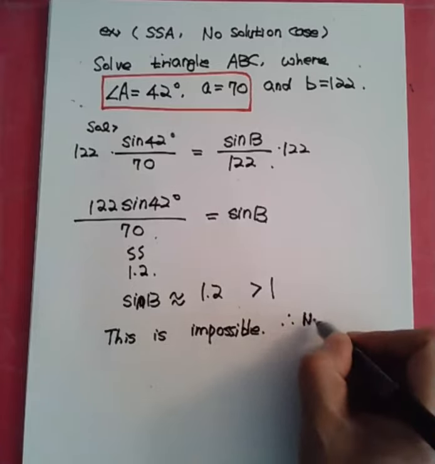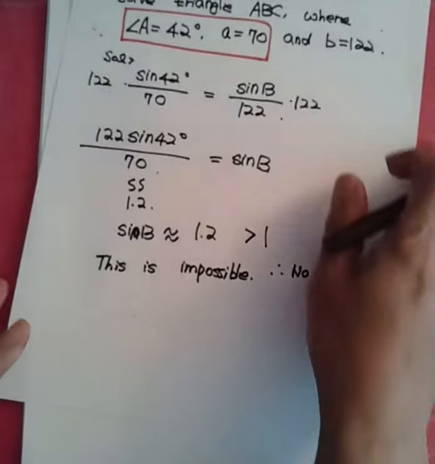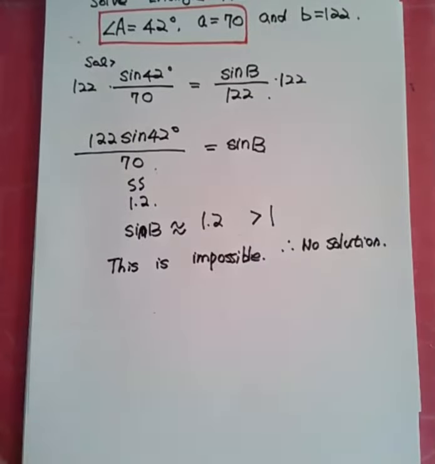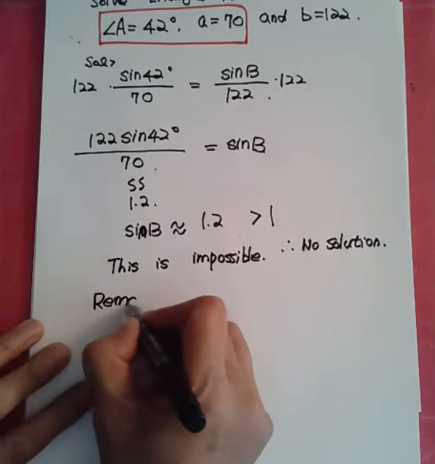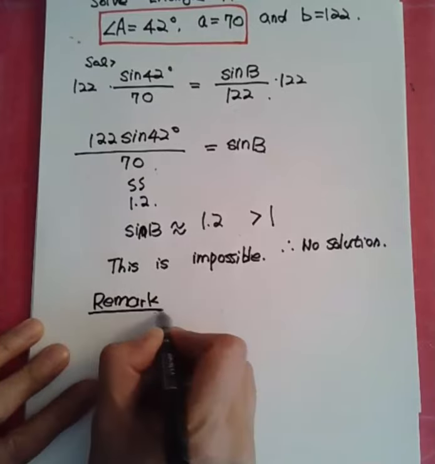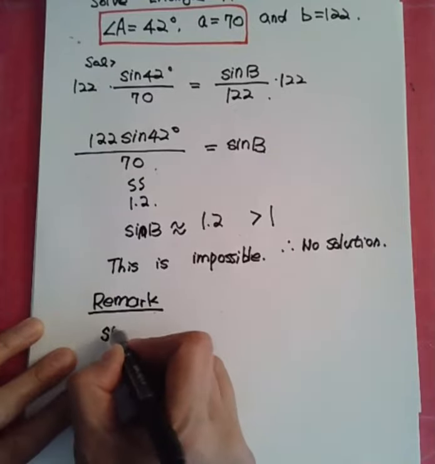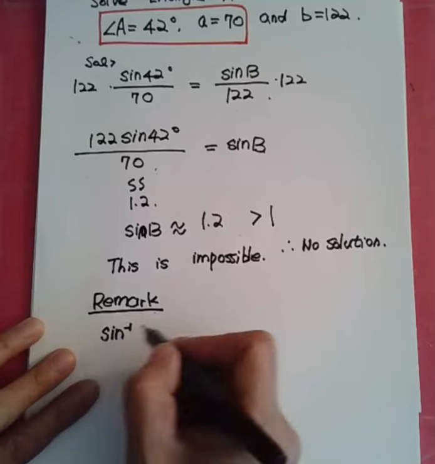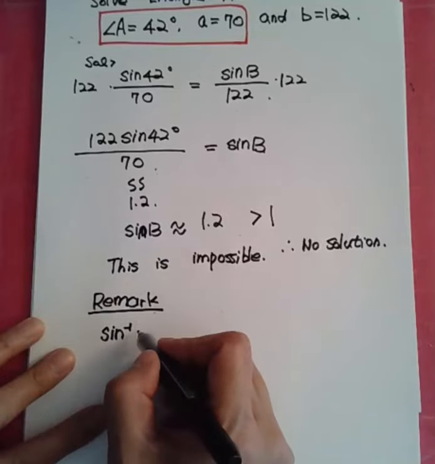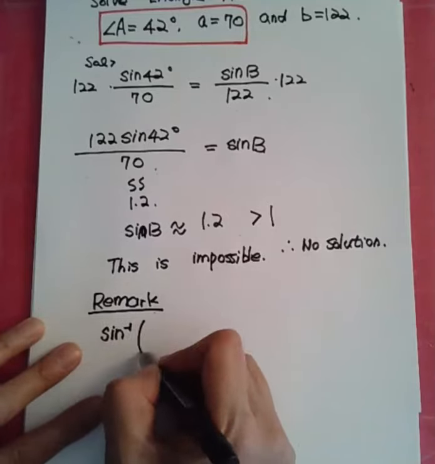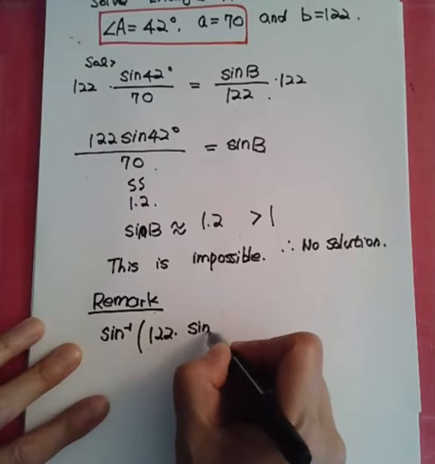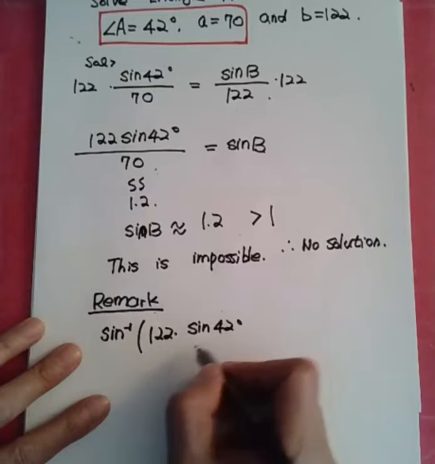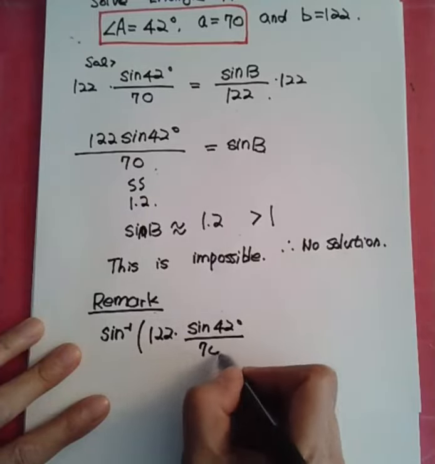But you may use the calculator, so you may decide to put the information in to figure out the reference angle of B. Then sine inverse of 122 times sine of 42 degree over 70.